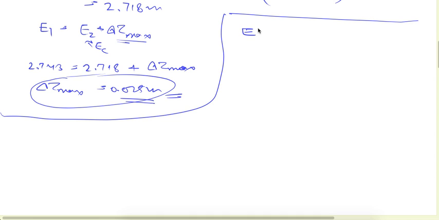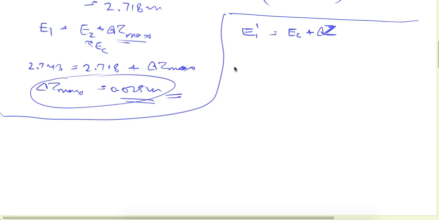So the new equation we can write is E1 dash, which is the specific energy at section 1, is equal to Ec, which is the specific energy at section 2, which will still remain at the critical depth, Ec plus delta Z.